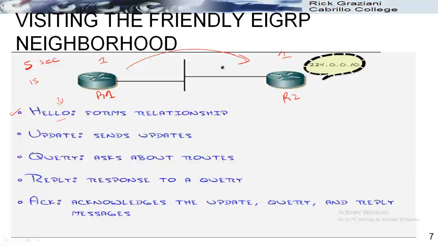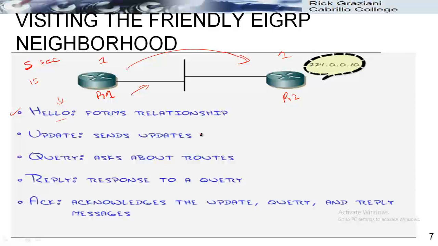So it discovers neighbors and also serves as a keep alive. Every 5 seconds you are sending a hello packet. If you have congestion or something on the network and I miss 3 hellos, it will bring down the neighbor relationship.